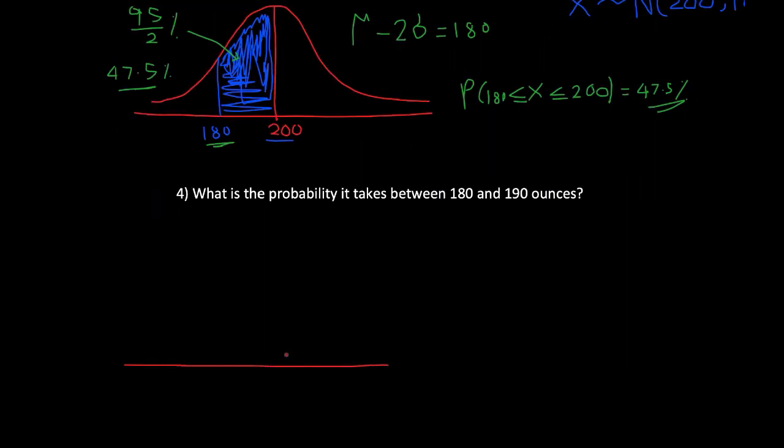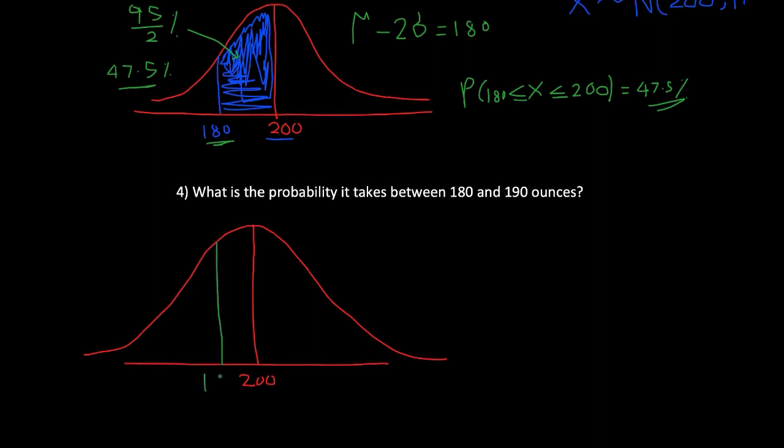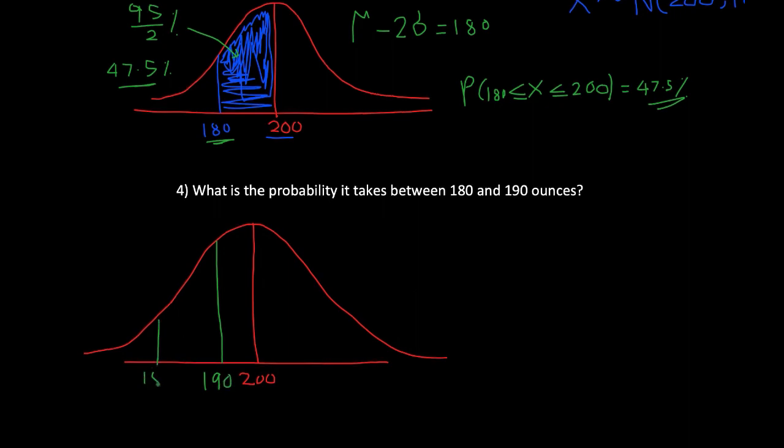Fourth one, what is the probability it takes between 180 and 190 ounces? The density curve is this and the mean is 200. It is asking 180 and 190. So 190 should be over here and 180 I take at this point.